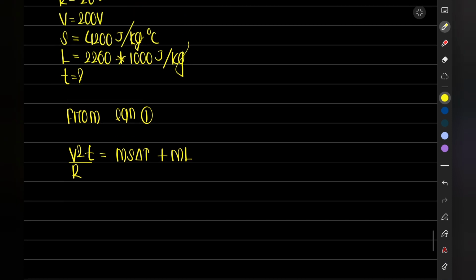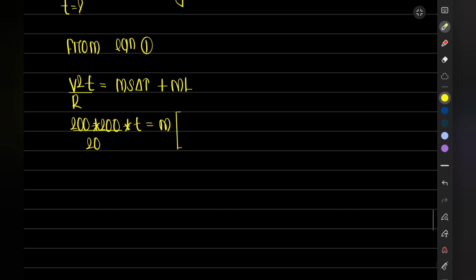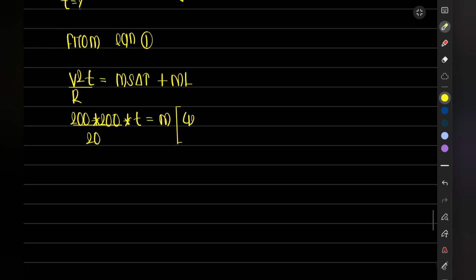Okay, so voltage how much they have given? 200. Its square we have, so 200 into 200. Resistance is 20. Time we want to find. m I am taking common outside the bracket. Specific heat of water they have given 4200.